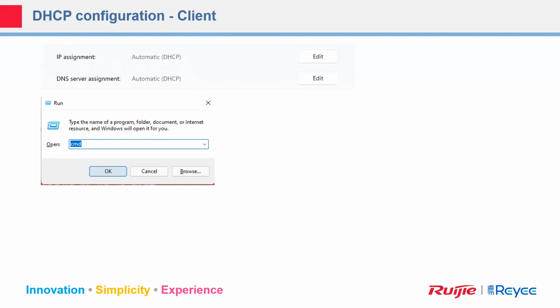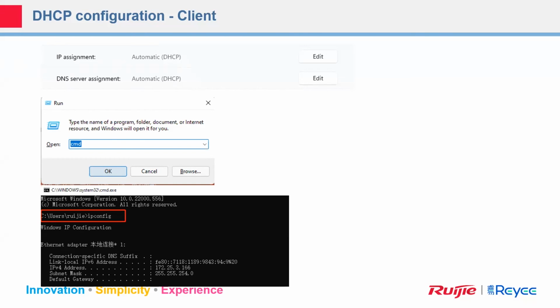Later, we enter the DOS prompt to check your IP address. Of course, between your client and the server, if you use layer 2, the broadcast domain has to be the same. Otherwise, the DHCP packets cannot be sent to the server and I cannot get the reply. So on the client, it's very easy to finish the configuration.